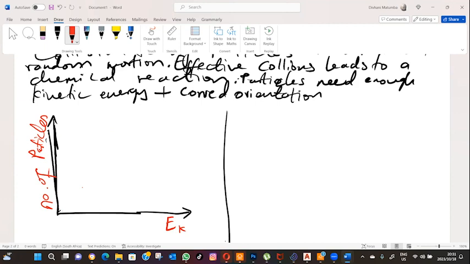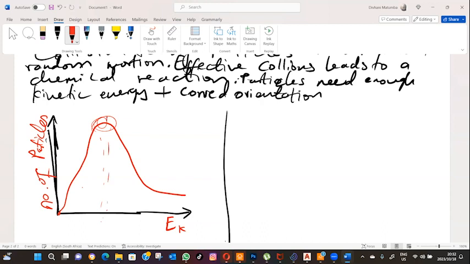Now, when there's zero kinetic energy, the number of particles that react is 0. Now, what we know is that there will be a lot of particles that have an average energy.